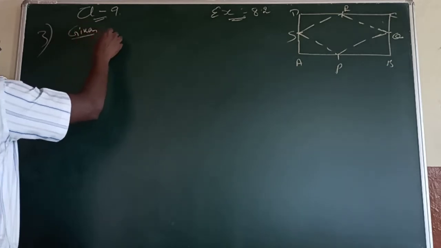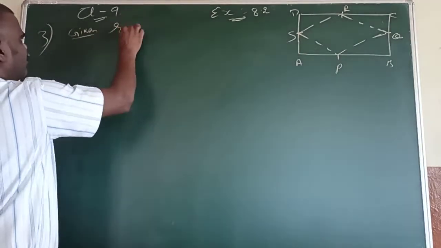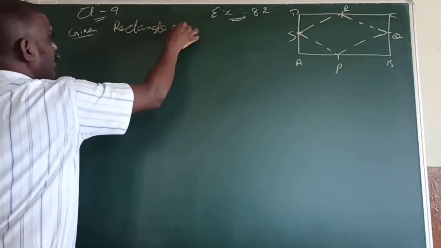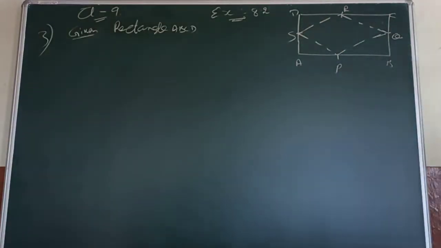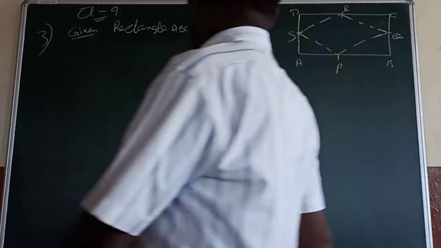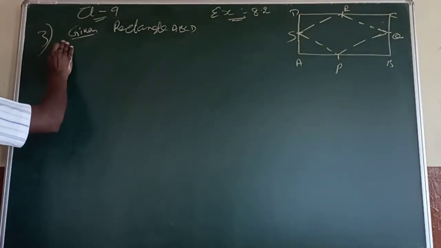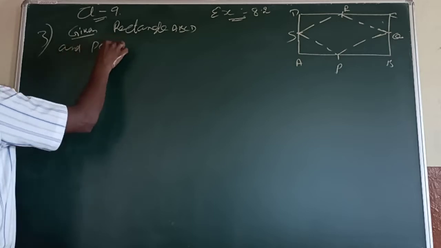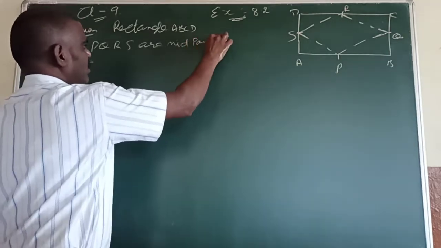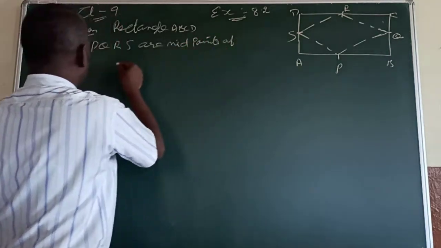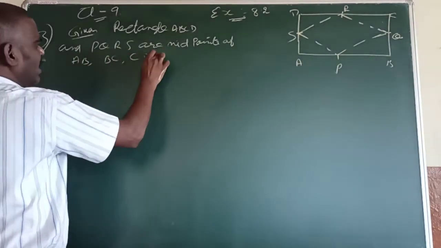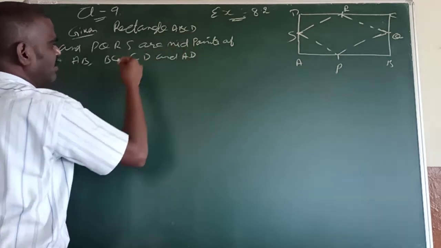Given: rectangle ABCD, and P, Q, R, S are midpoints of AB, BC, CD, and DA.